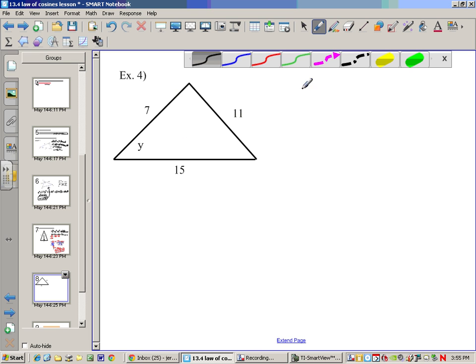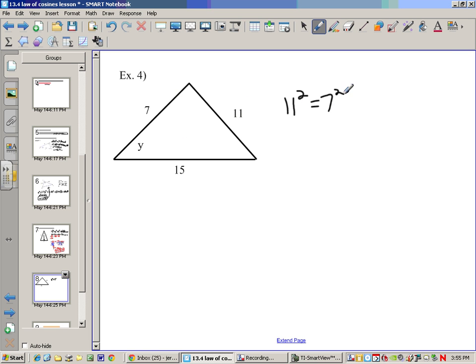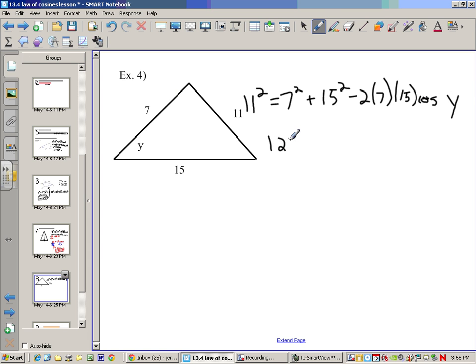So what we can do is we can say the opposite side, which is 11. 11 squared is going to equal 7 squared plus 15 squared minus 2 times 7 times 15 times the cosine of y. So we find all of these numbers. 121 is equal to 49 plus 225 minus, this would be 30 times 7, which would be 210.